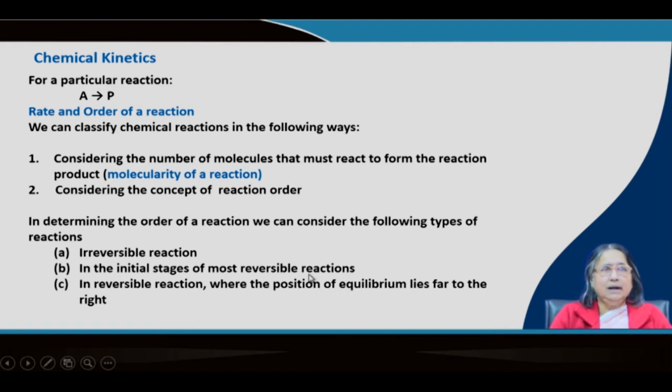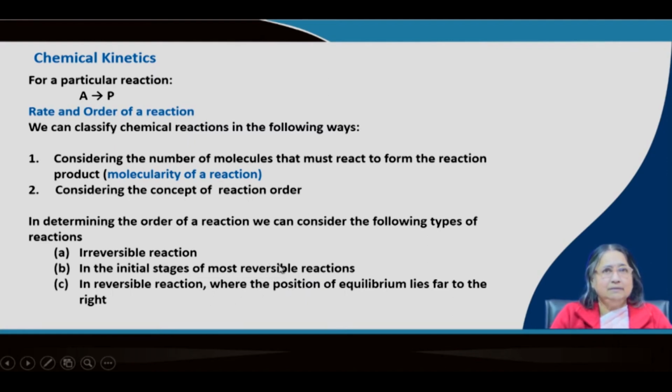Actually all reactions are reversible, but those reactions which go far to the right we can tell that okay, this is an irreversible reaction.